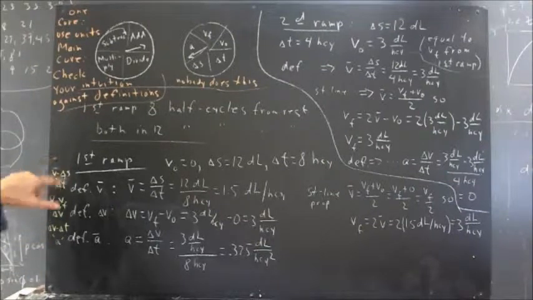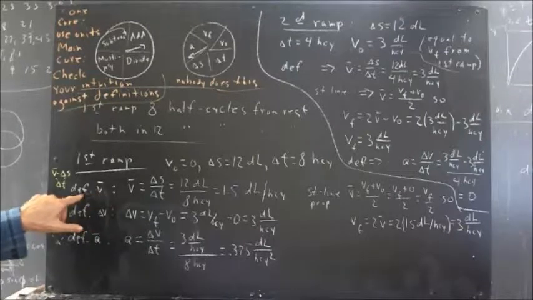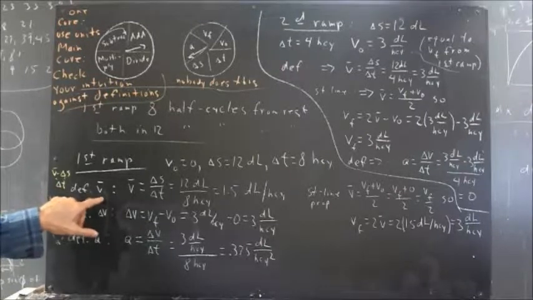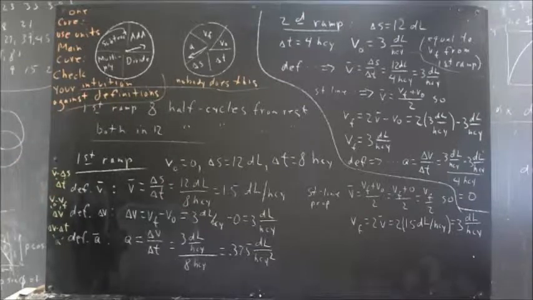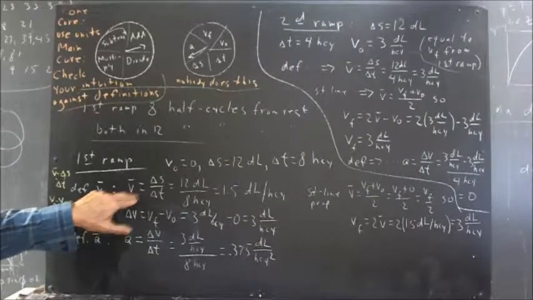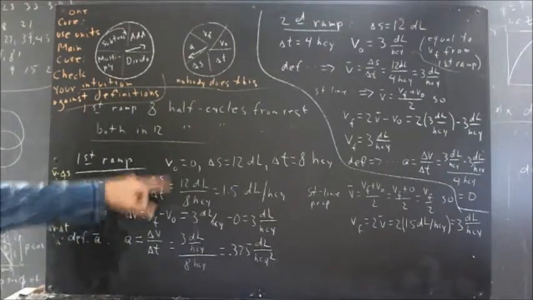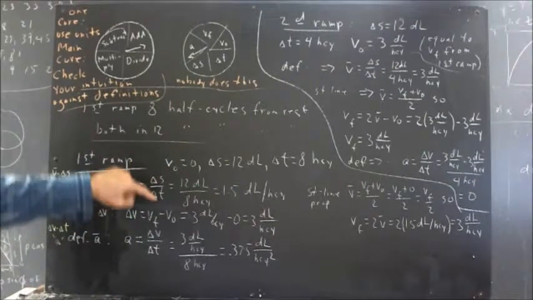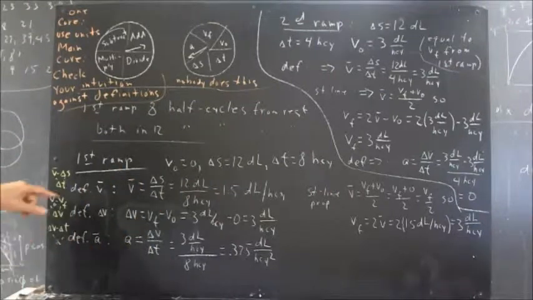So we've got this triangle, and here's the relationship that comes out of the definition. This triangle tells us that the definition relates average velocity, displacement, and time interval. And the result of the definition is the equation, average velocity is delta S over delta T. So clearly from this equation, if we know any 2 of these 3 quantities, we can solve for the third. And that's all this triangle is representing.